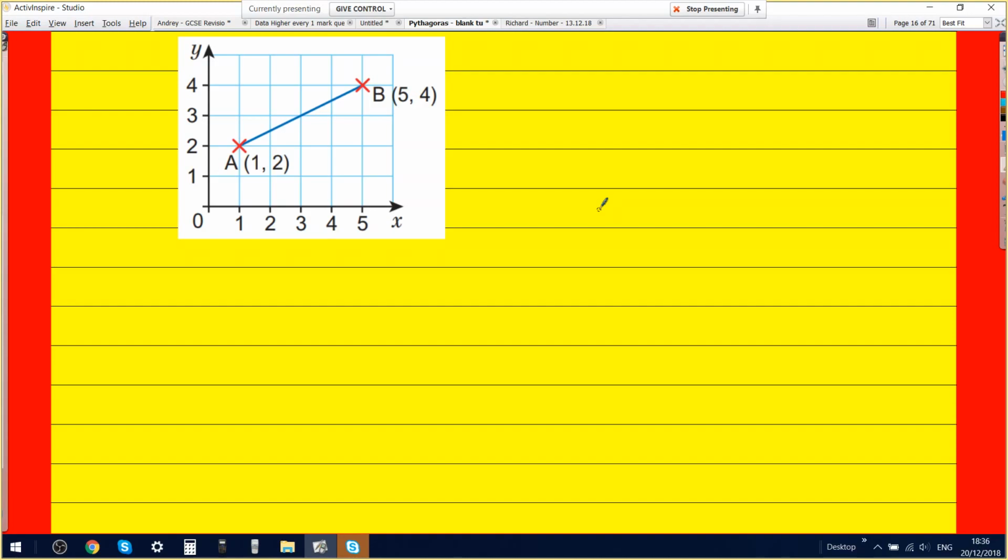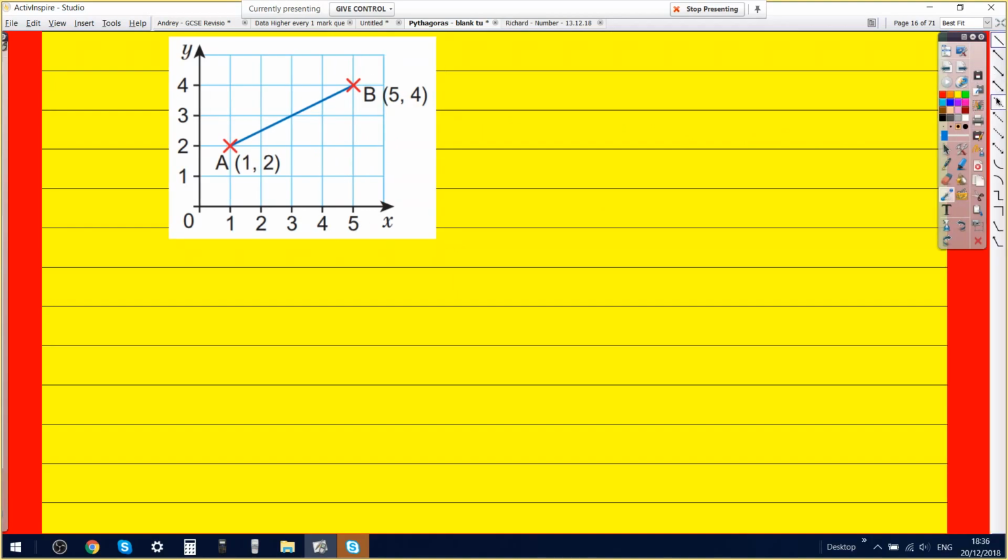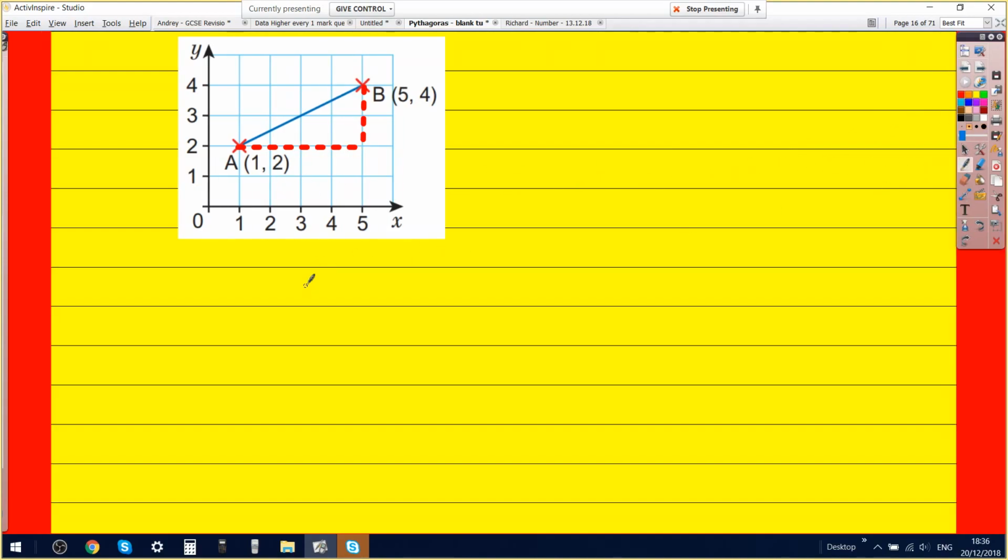I still don't know. The trick is to imagine that it's in a triangle. If this was in a triangle, what would be the base? So how many across is the base?